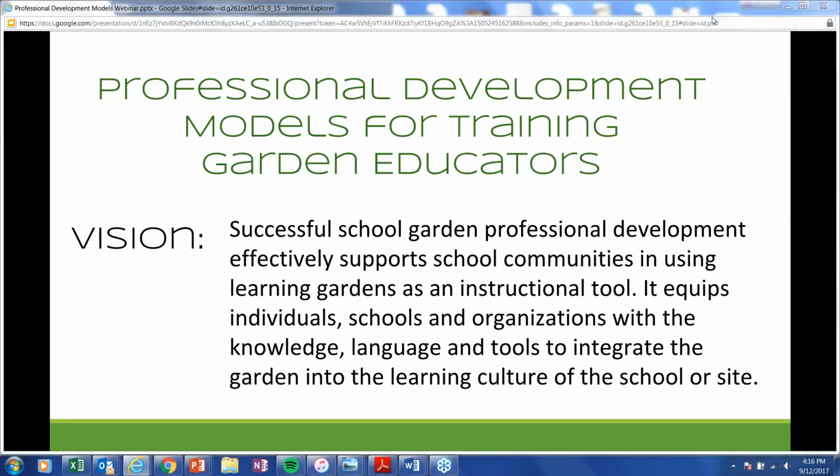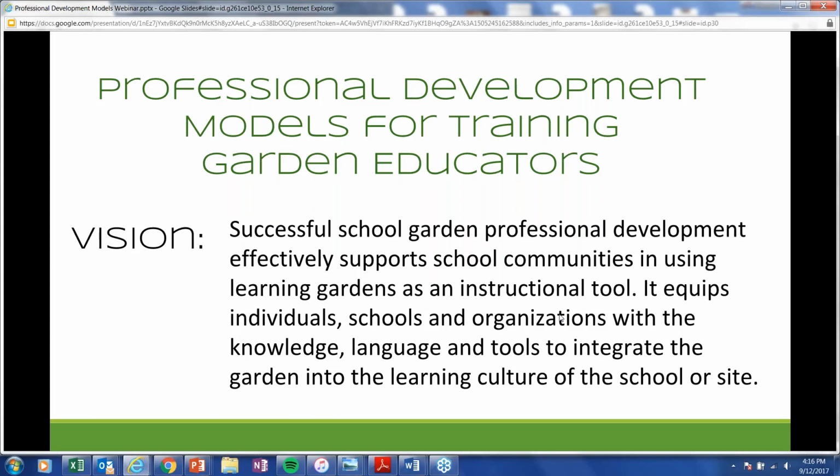What do we see as important to these models for professional development? And the vision that we came up with as a team, representing I think about 10 different school garden organizations nationally, was that a successful school garden PD supports school communities and uses those gardens as an instructional tool.